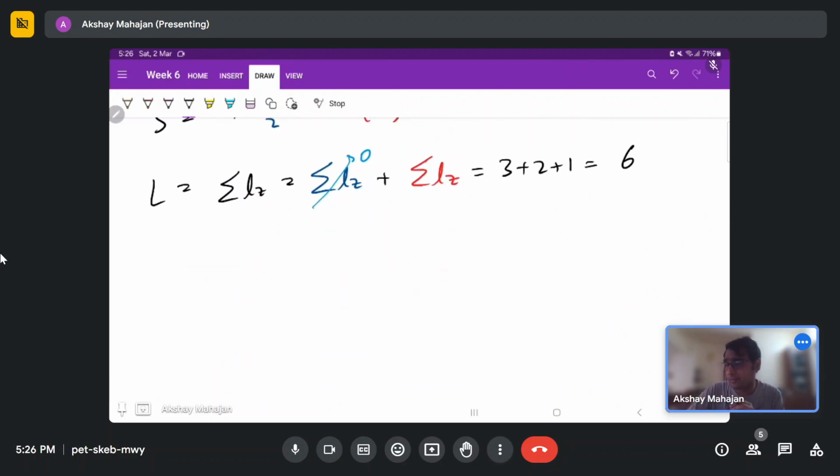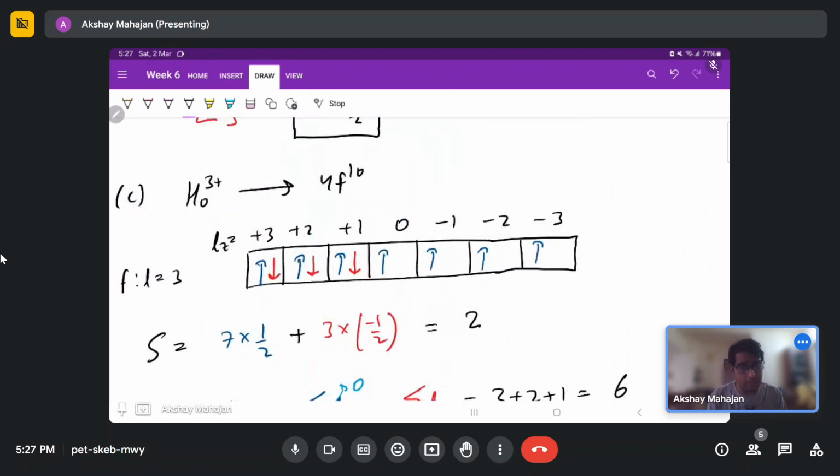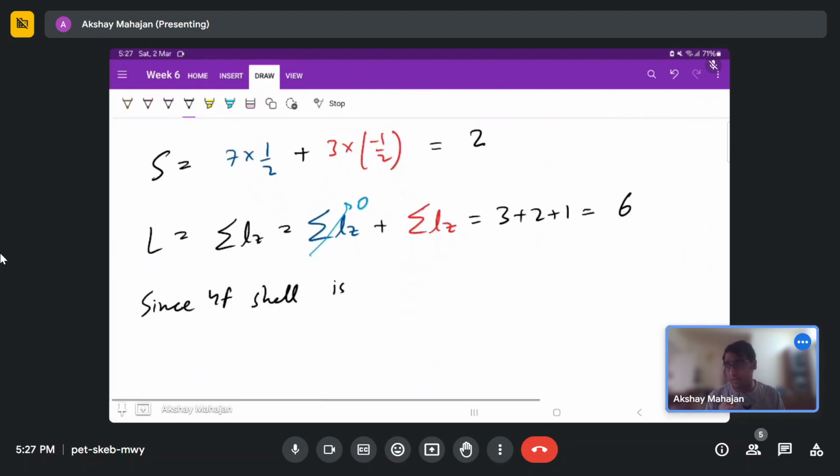Now since again we can see that the 4f shell is more than half filled, okay, you can see that we have more than 7 electrons. Total we can fill 14 electrons, and half filled is when we have filled 7 electrons, and we have 10 electrons here, so it is more than half filled.